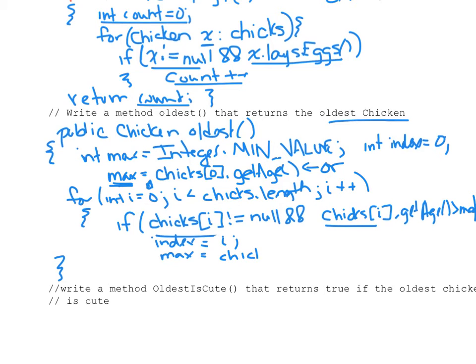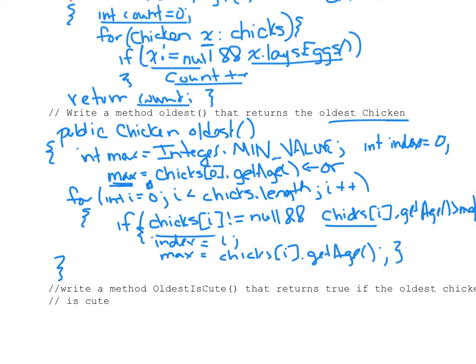So it's chicks I dot get age. Okay, now there's many different ways to do this. Some people like to make variables, whatever. As long as the basic pieces are there, it's fine. So this is it.